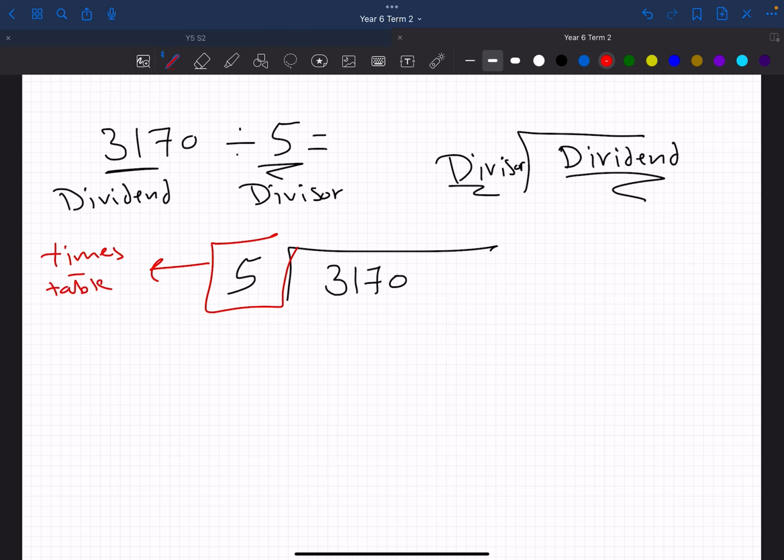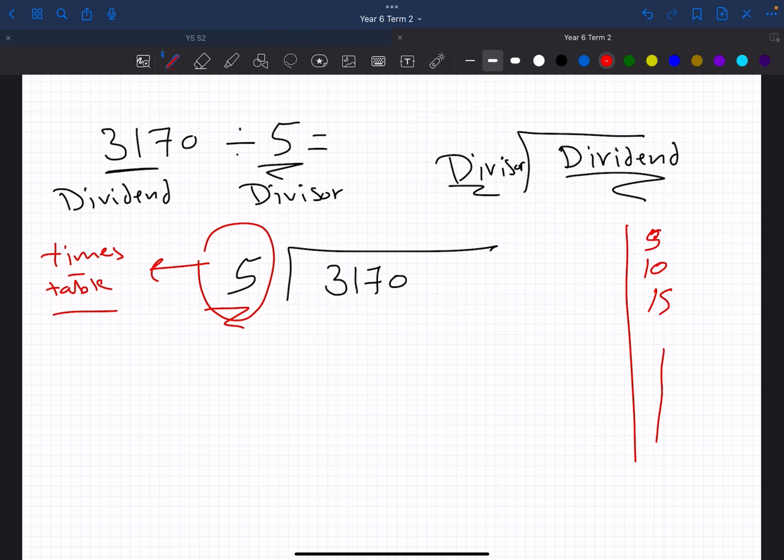I will have to remember it. And sometimes when we have bigger numbers, bigger than 12, like 25, 27, 30, as a divisor, we need to write their times table on the right side here. For example, 5 times 1 is 5, 5 times 2, 10, 15. Write the times table of 5 as an example.